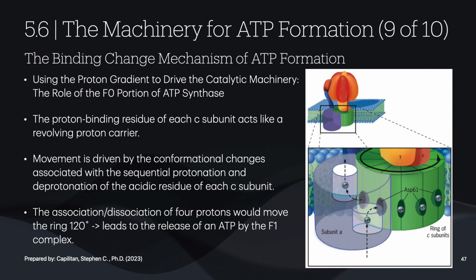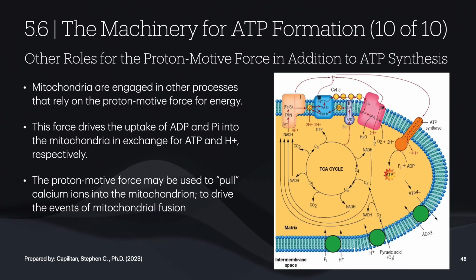Movement is driven by the conformational changes associated with the sequential protonation and deprotonation of the acidic residue of each of the C subunits. Remember that the association and dissociation of 4 protons would move the ring 120 degrees and lead to the release of an ATP by the F1 complex. So you will see that the movement here of the model is powered by the rotation of the C ring, again in the F0 complex.